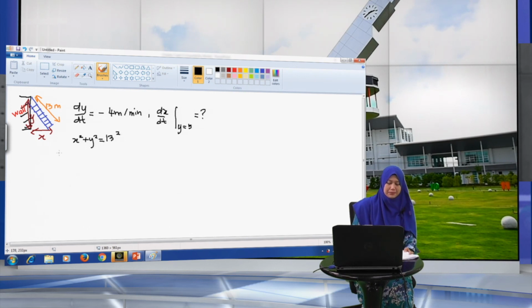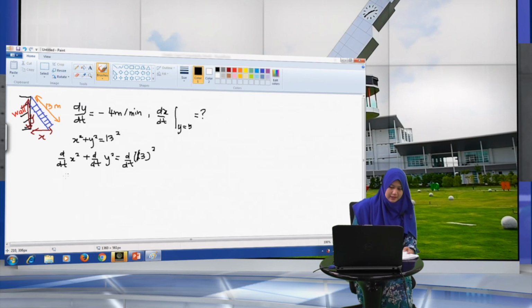By applying implicit differentiation, we get d/dt of x square plus d/dt of y square equal to d/dt of 13 square. Now let's find the derivative for each term.